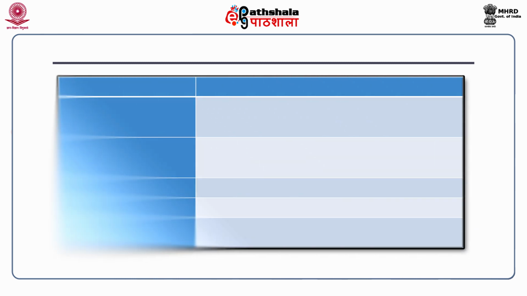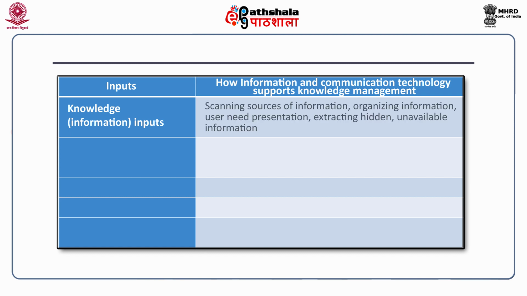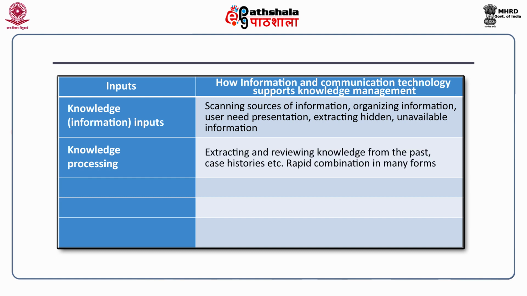Now let us understand the different inputs and how information and communication technology supports knowledge management. In case of knowledge inputs: scanning the sources of information, organizing the information, user needs presentation, extracting the hidden and unavailable information. While in knowledge processing: extracting and reviewing knowledge from the past, case history, etc. Rapid combination is possible in many forms.